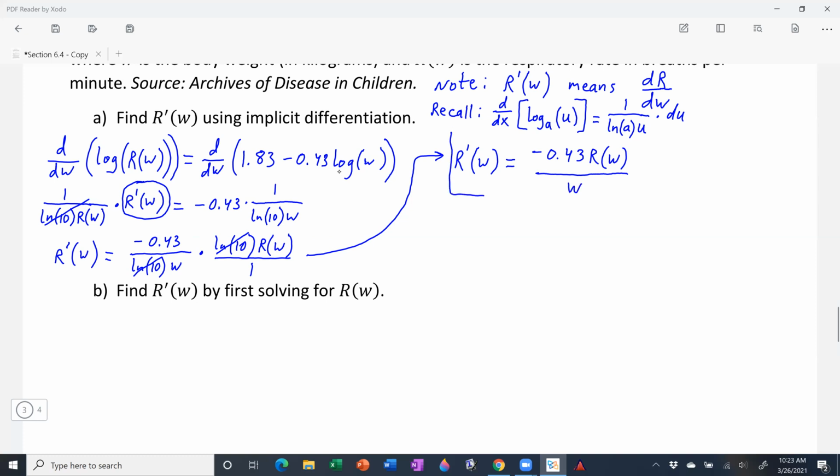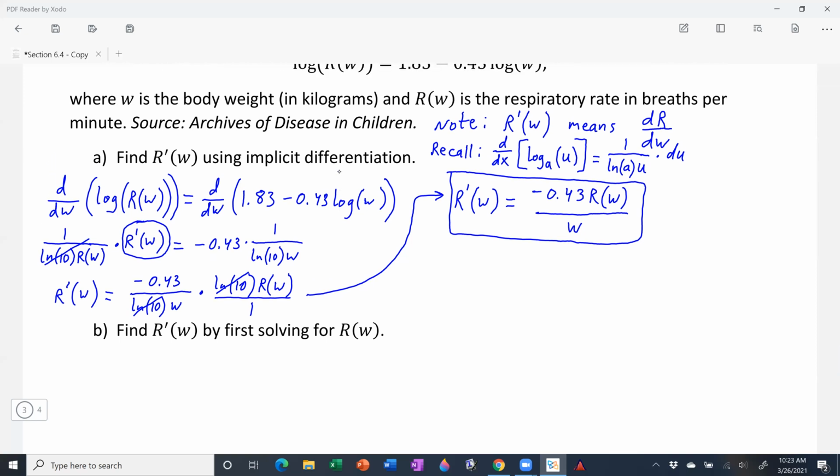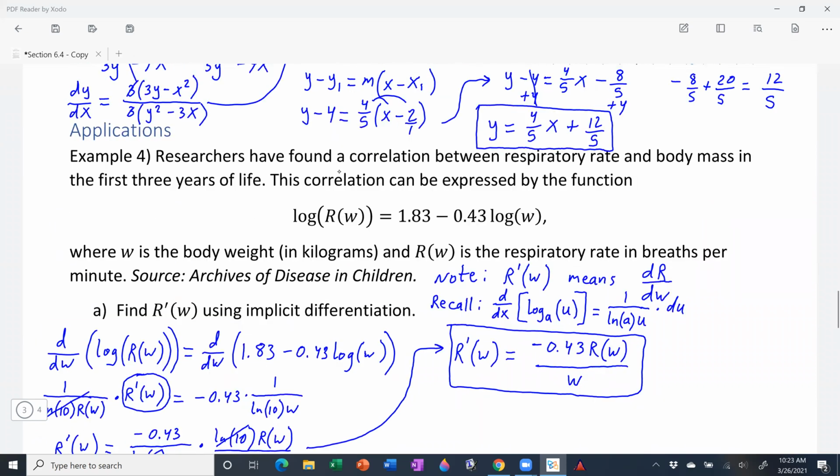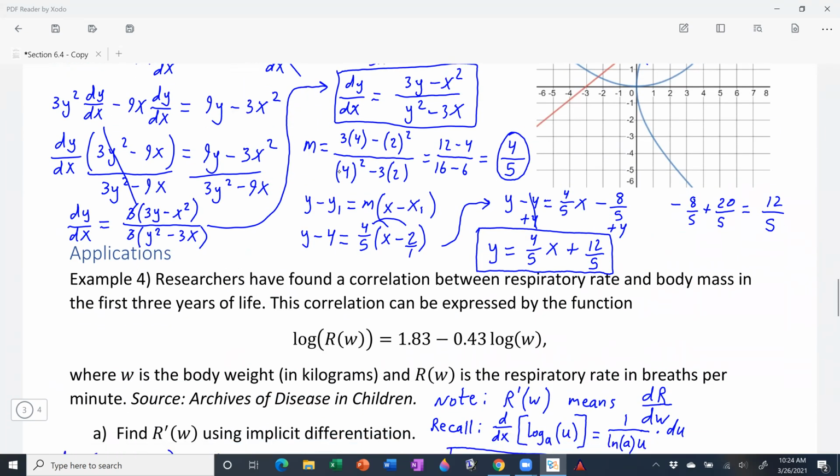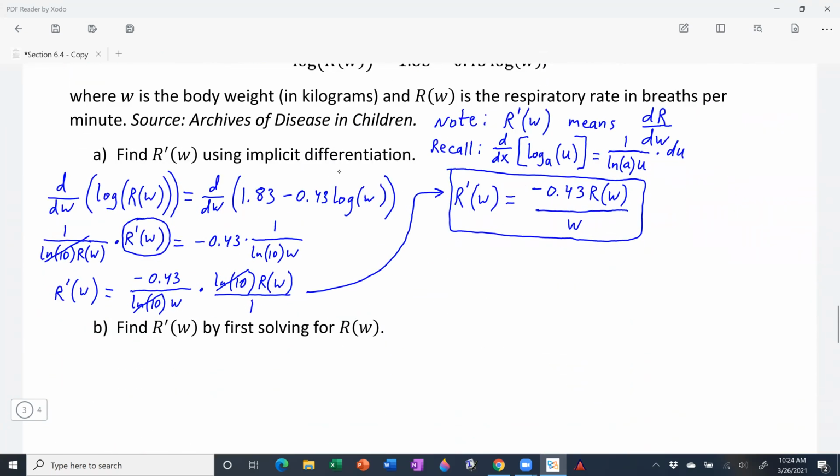All right, so we found the derivative r prime of w implicitly. Okay, and notice that a lot of times there's a mix of variables when we're done. So all the previous examples that we've been doing, you might have a mix of x's and y's in the answer. Well, here we have a mix of w and r of w's in the answer. But that's it. That's the derivative using implicit differentiation.